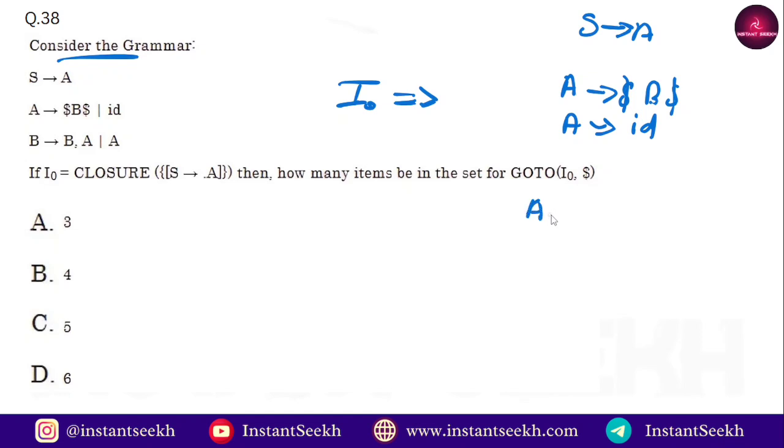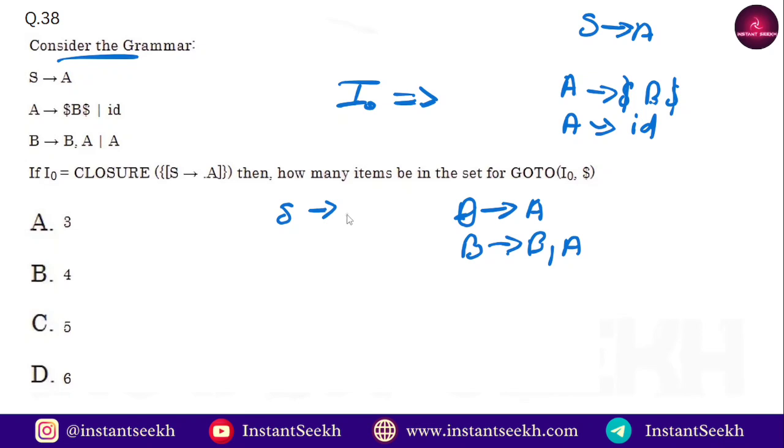Now we have B productions as well, B goes for A, and B itself is B. So then the overall closure will have how many elements? B is also going for B comma A.